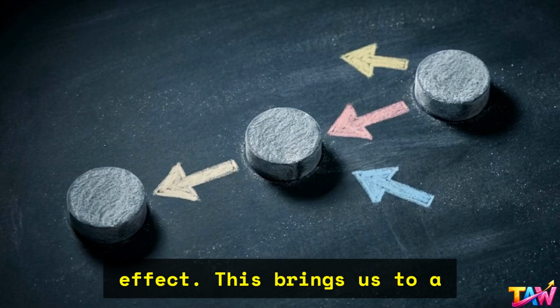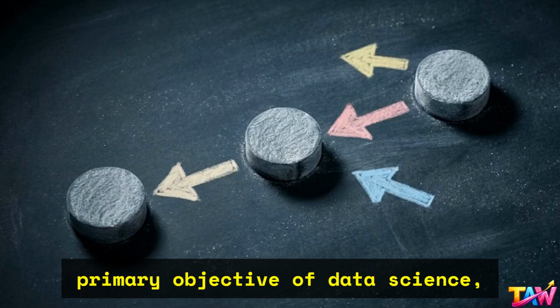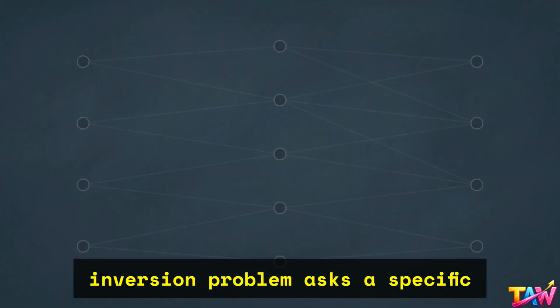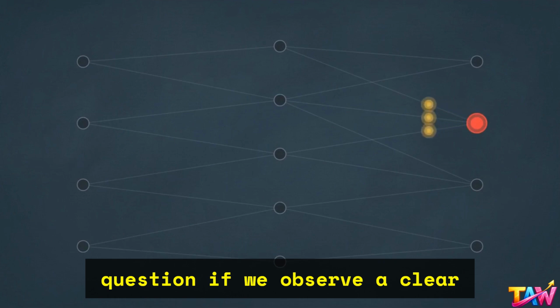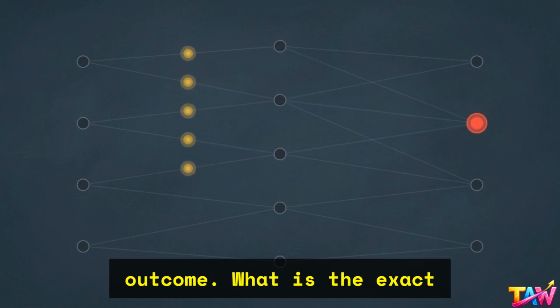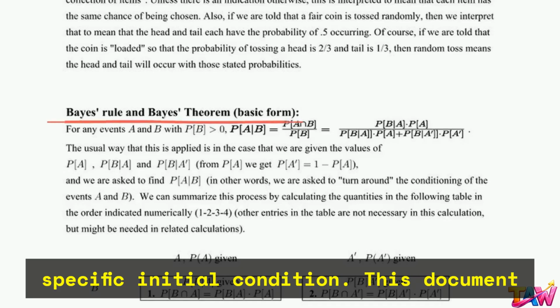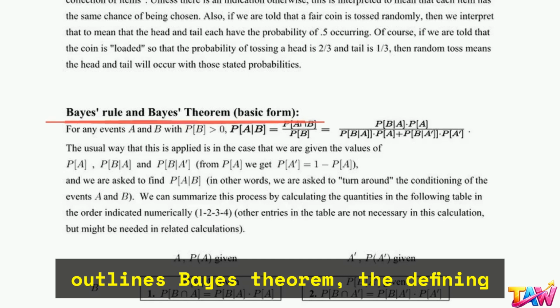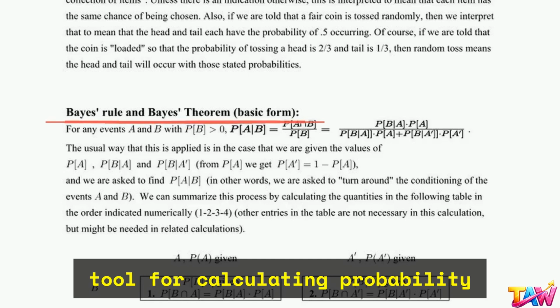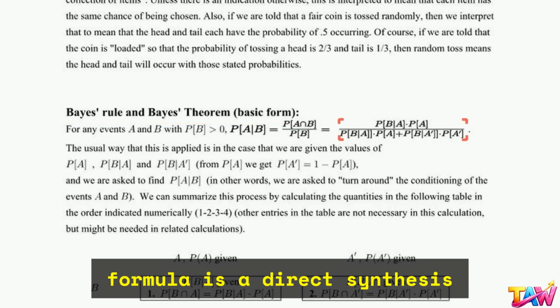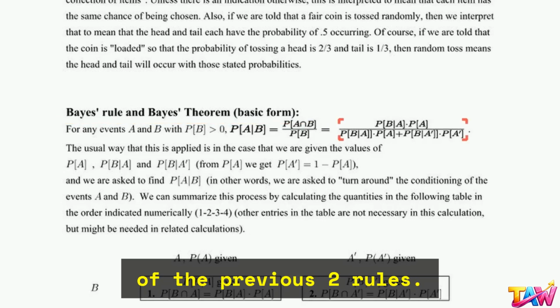This brings us to a primary objective of data science, reverse engineering causality. The inversion problem asks a specific question. If we observe a clear outcome, what is the exact probability it originated from one specific initial condition? This document outlines Bayes' theorem, the defining tool for calculating probability inversions. The architecture of the formula is a direct synthesis of the previous two rules.